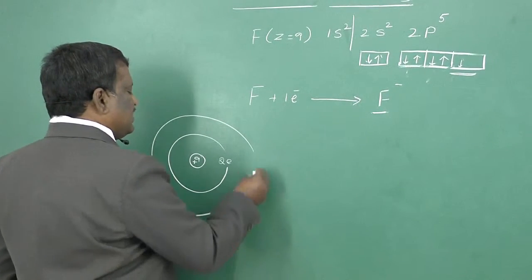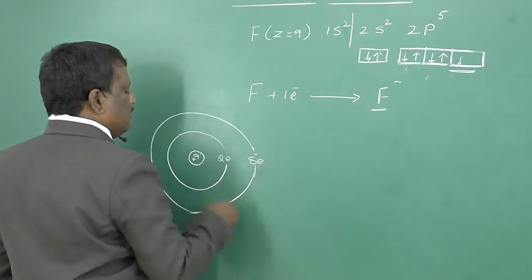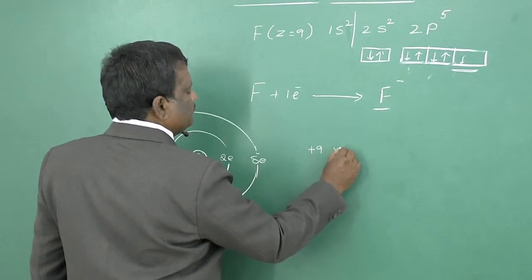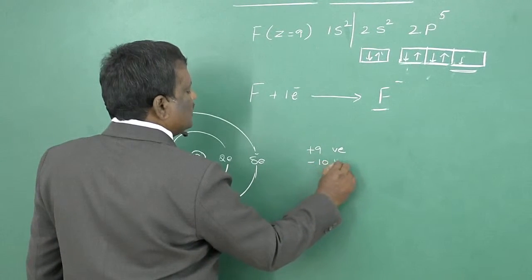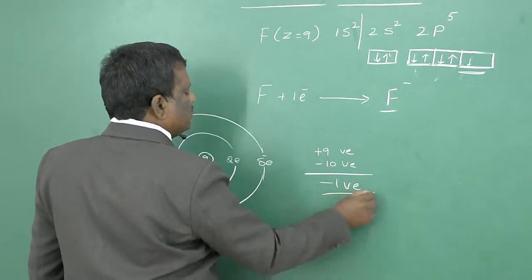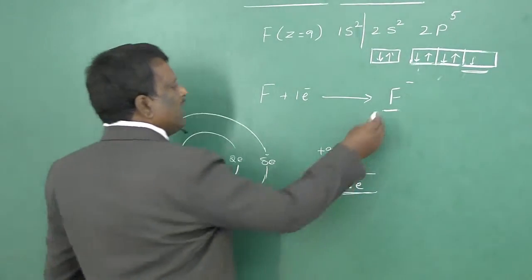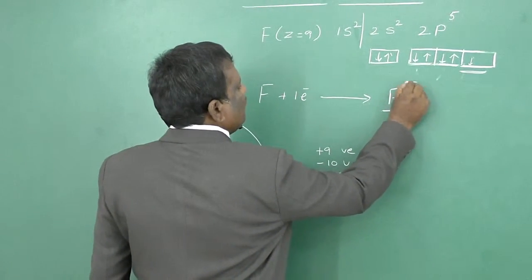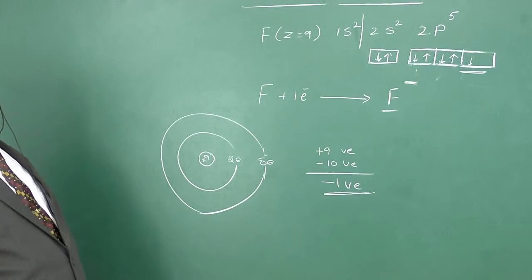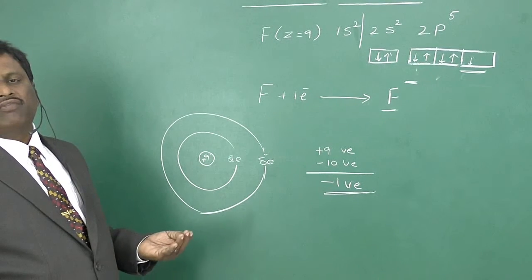Here we have 8 electrons in the valence shell, but in the nucleus we have 9 positive charges, while 10 negative charges are there. As a whole, there will be 1 unit negative charge. Because of that, we have this F minus ion. F, when it accepts one electron, gives us F minus ion.